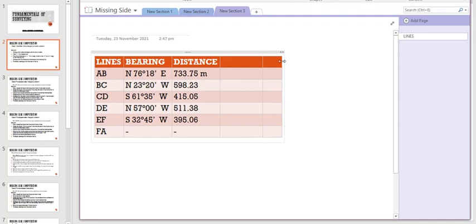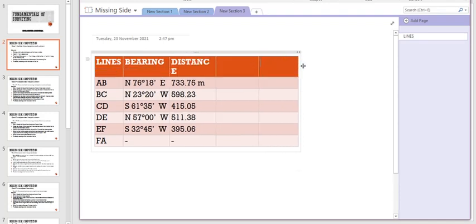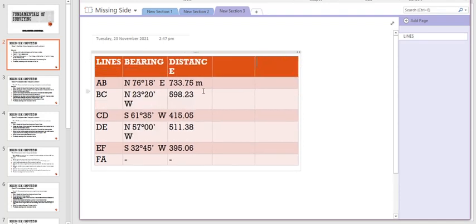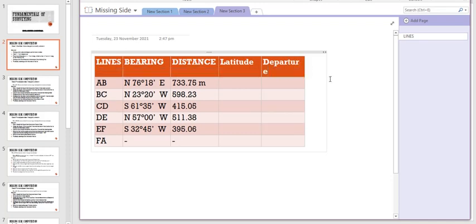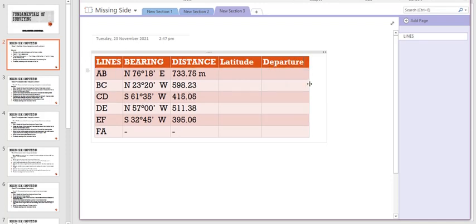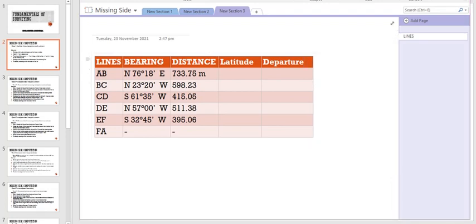Okay, so we'll compute the latitude and departure. Latitude, departure. So how we compute the latitude? So latitude is the distance times cosine of the bearing.